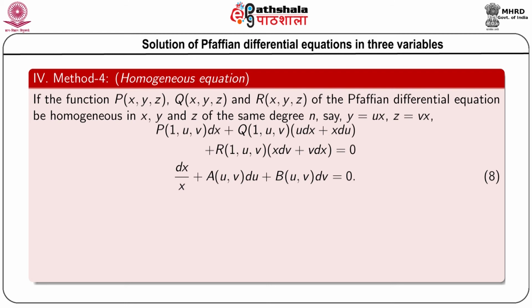For a homogeneous function, if we substitute y equals u times x and z equals v times x, the equation becomes this, and we can see that the variable x becomes separable. The other two expressions, A and B, are functions of two variables, and again it possesses an integral. Therefore, it is possible to find the integral for this case.